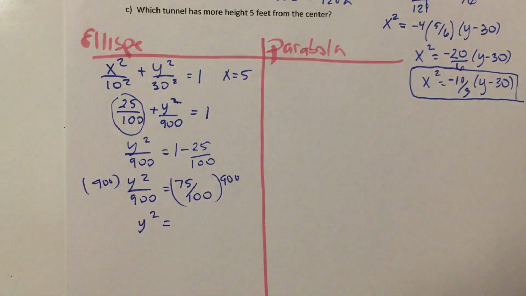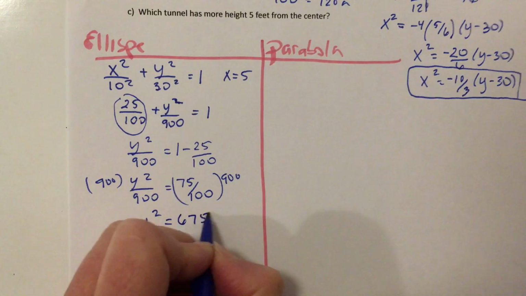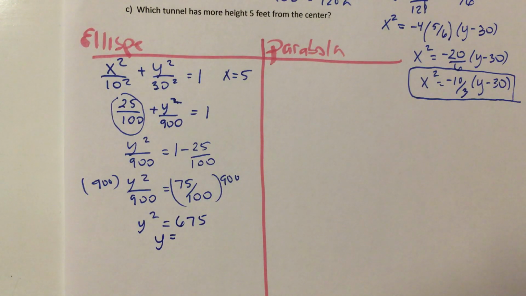And you get y squared equals. Now, you can keep working with fractions, but in reality, y is going to end up being some sort of decimal anyway. So it's totally fine if you just type in 75 times 900 divided by 100, and you get 675. Square root that. Second square root of 675.